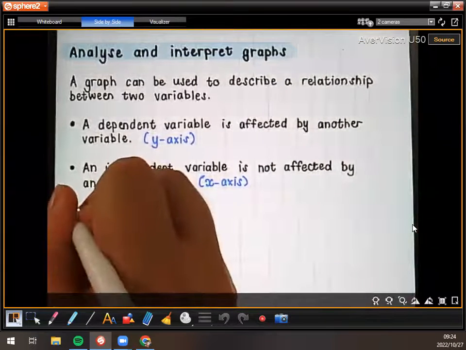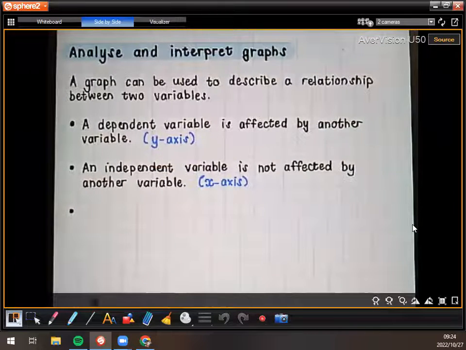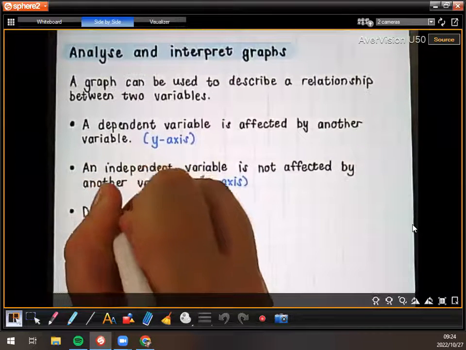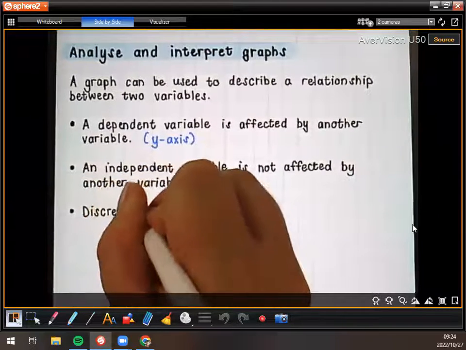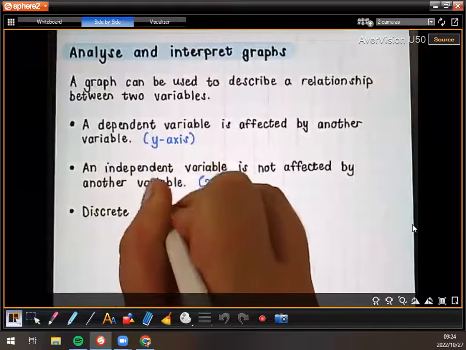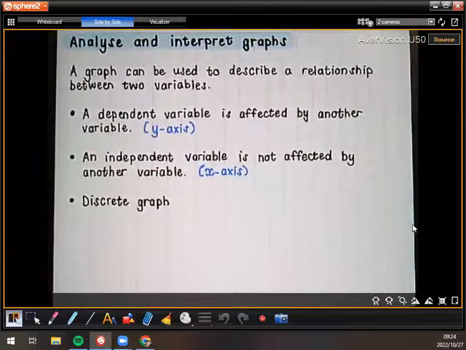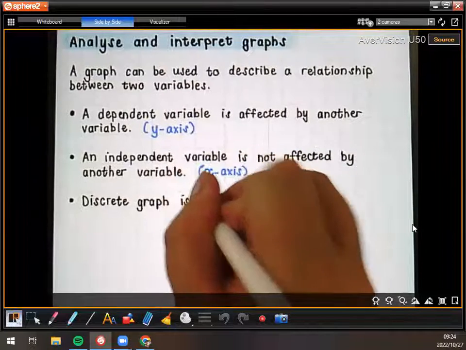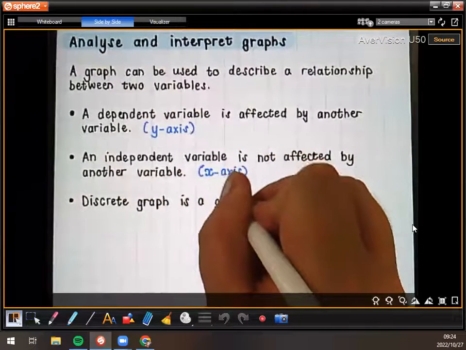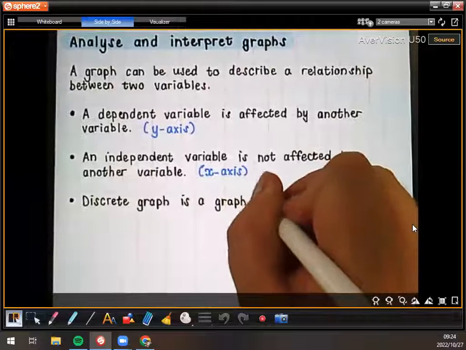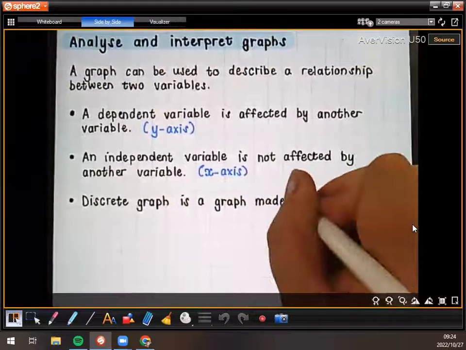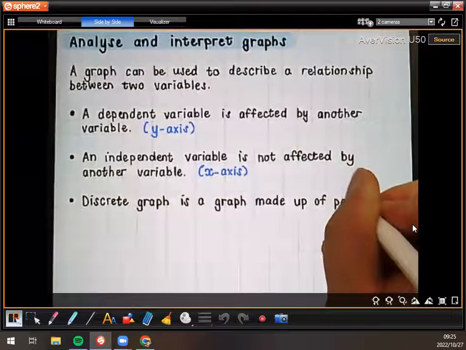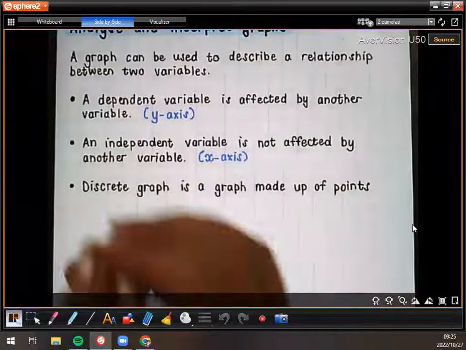All right, there are just two more terms that we just need to write down. The first one is a discrete graph. And we have kind of referred to this, I just think not with the term. A discrete graph is a graph made up of points that are not joined by a line.